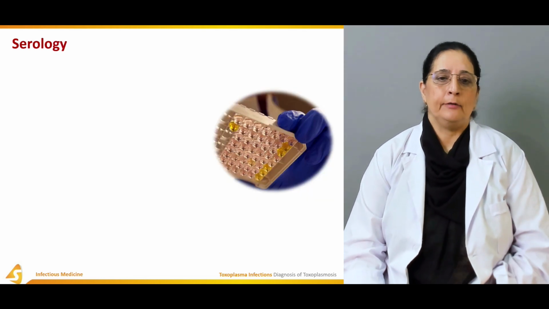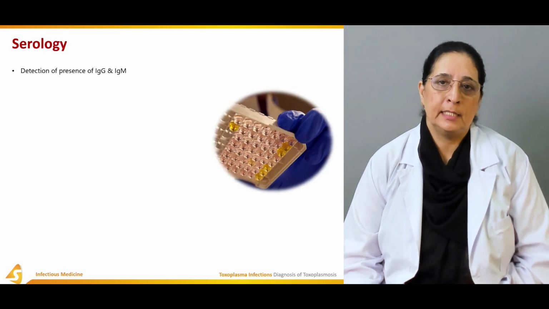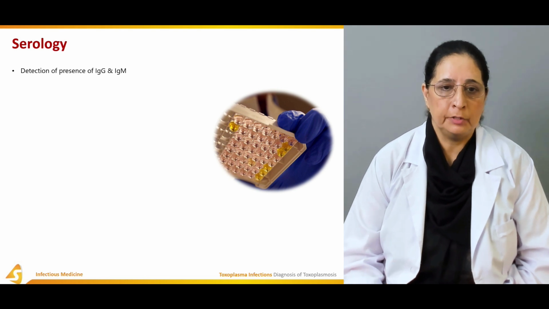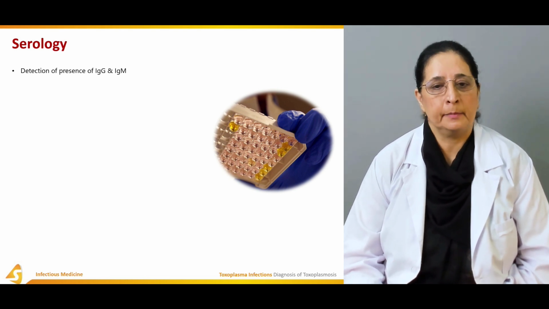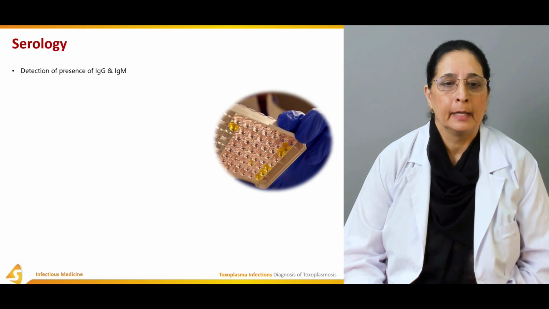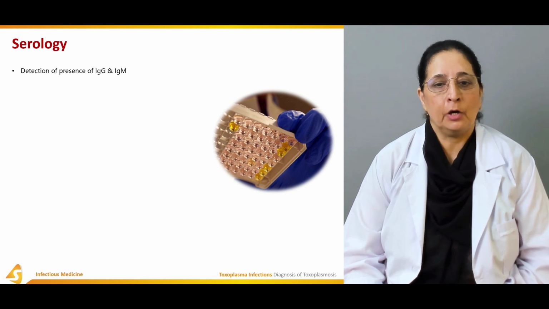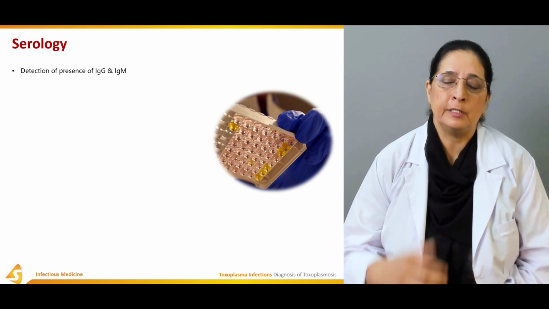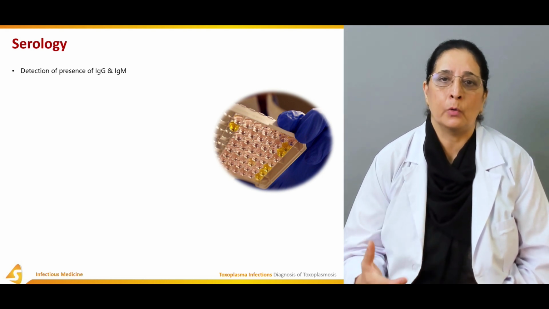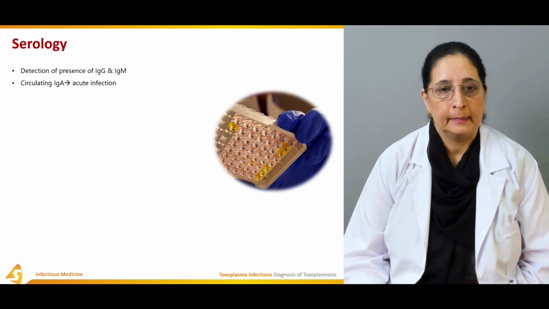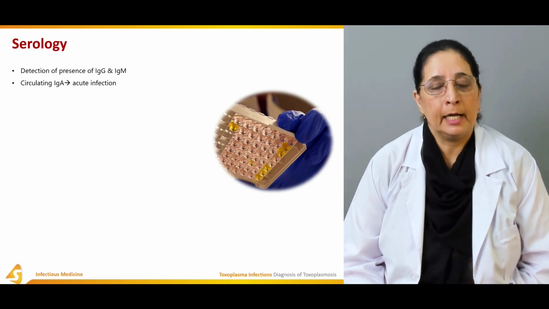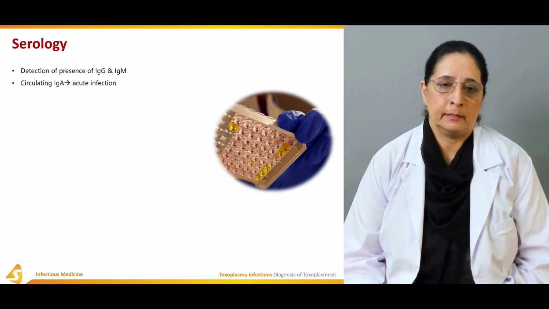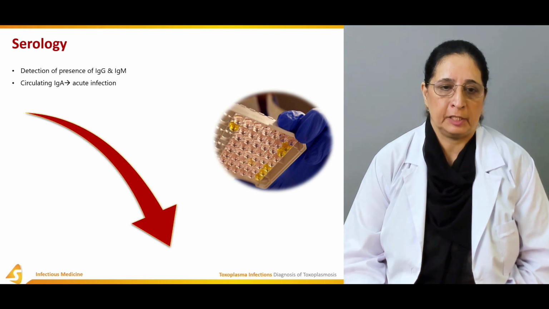Next is serology, the study done on the serum. Serology is the test done on the serum to detect the presence of IgG and IgM, which is a result of the host immune response. Circulating IgA is found in acute infections.